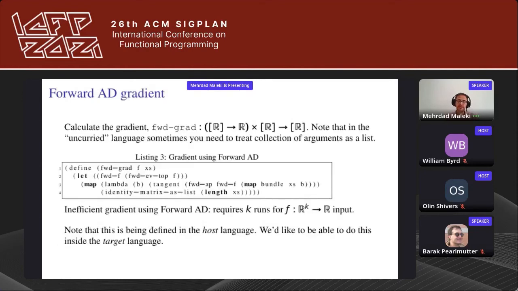For example, we could calculate the forward gradient of a function that takes a list of real numbers and produces a list of real numbers.